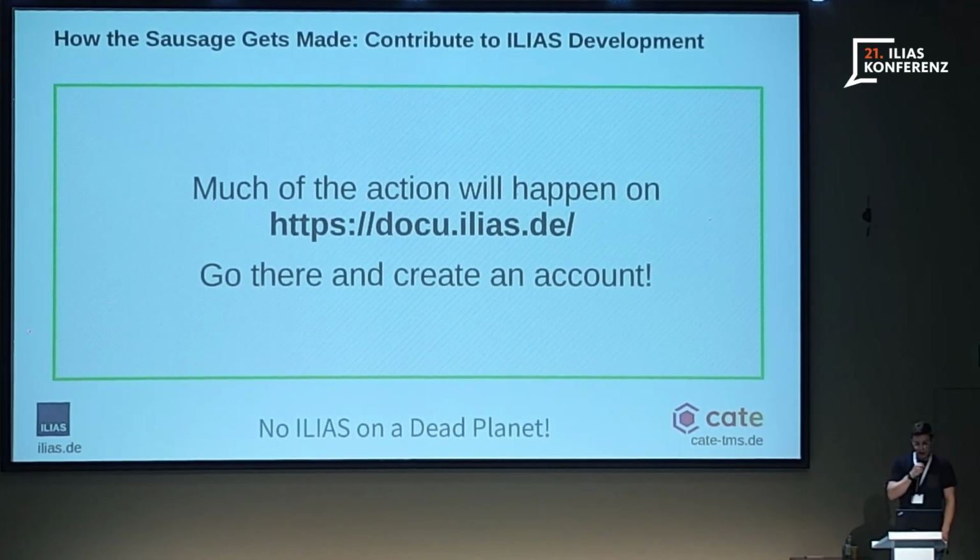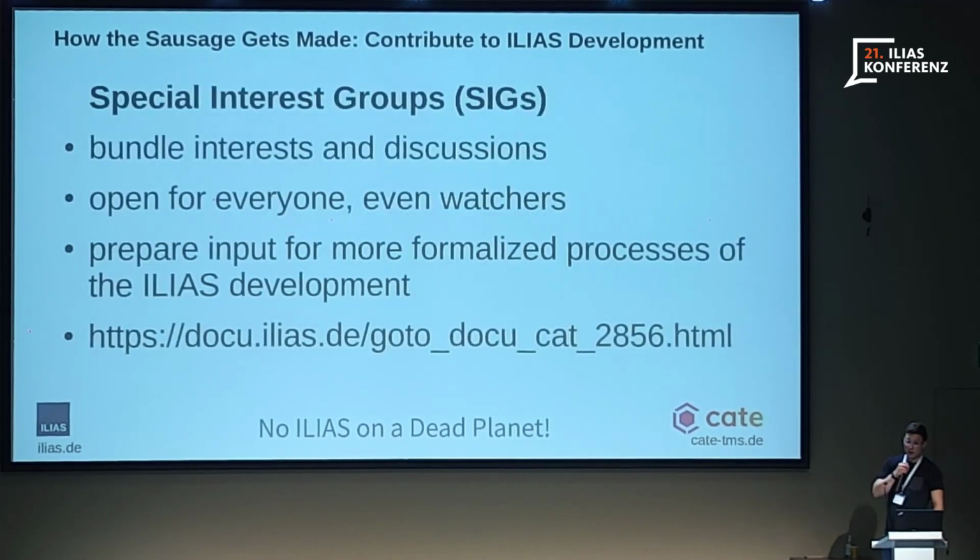I thought a lot about which committees I would introduce and in which order. As I said, ILIAS is driven by the initiative of people, so I don't start with the board. I start with a type of committee called the special interest groups, organized in the framework of the ILIAS Society.